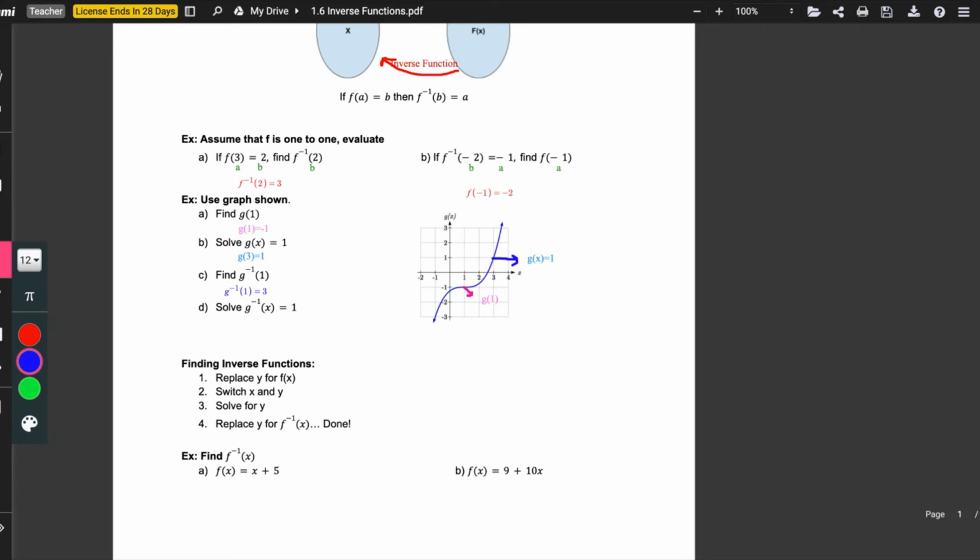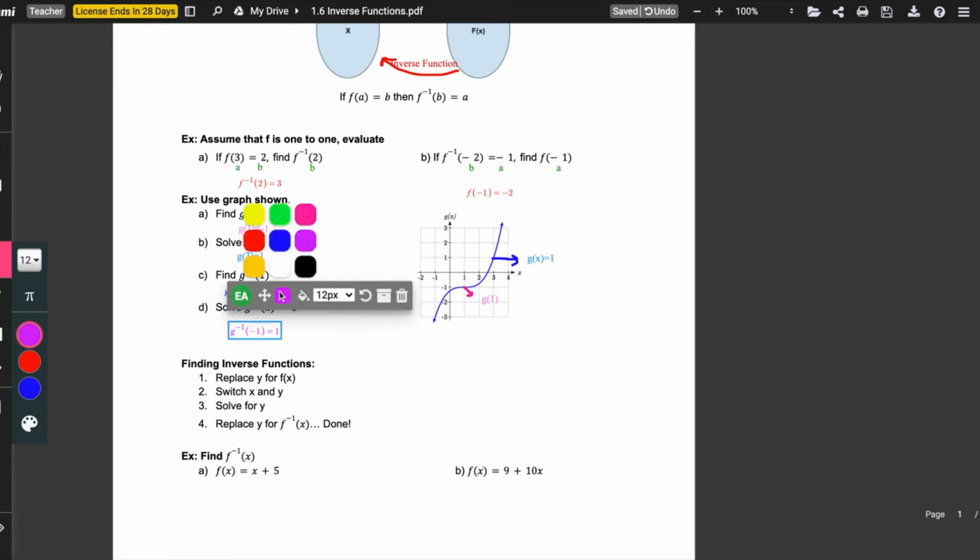So in g inverse, when the output is 1, the input is going to be negative 1. So these two are tied together. So then g inverse of negative 1 equals 1. And again, this comes from A. So it's just a little bit of backwards thinking. But these two, A and D, go together, and B and C go together.